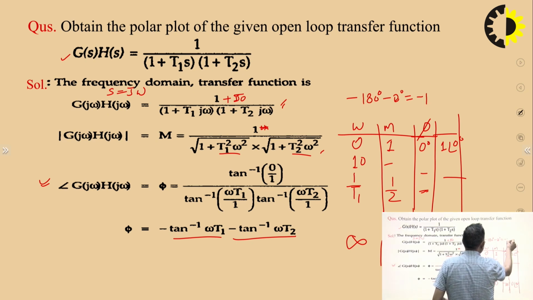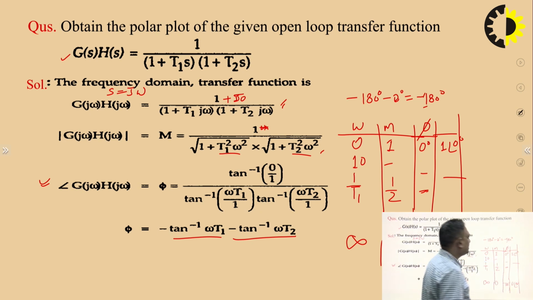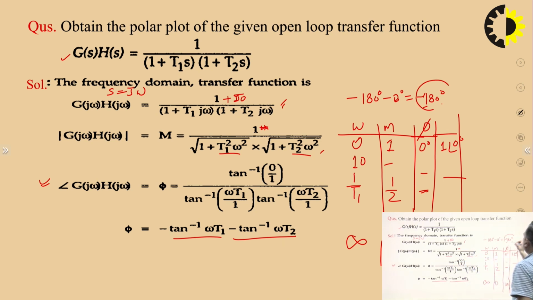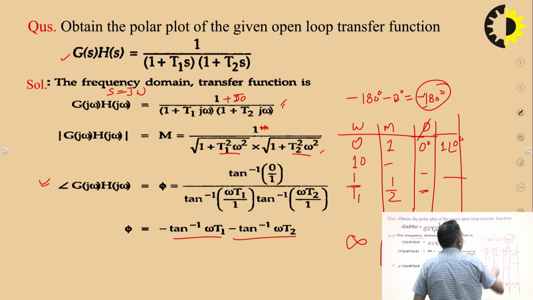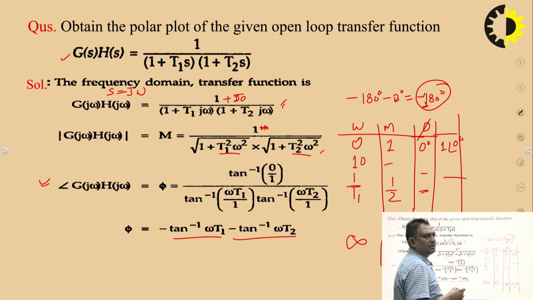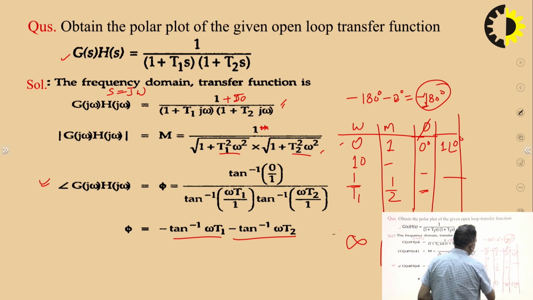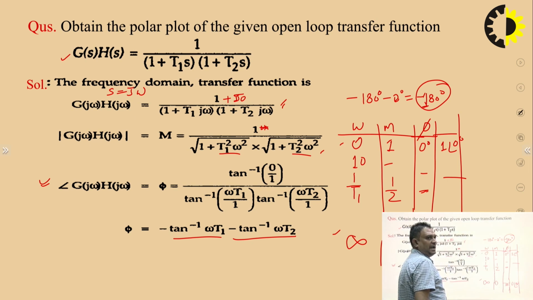It means minus 180 degree is the angle of rotation. Minus 180 degree means clockwise rotation by 180 degree. We go from source to destination. Source is this, destination is this, and we take an angle of minus 180 degree.